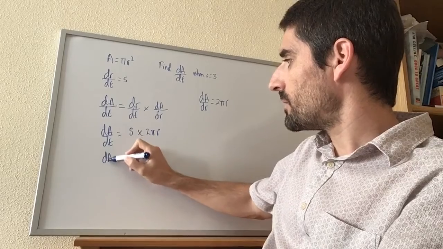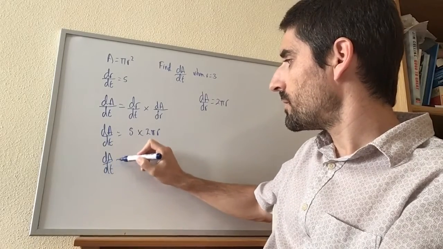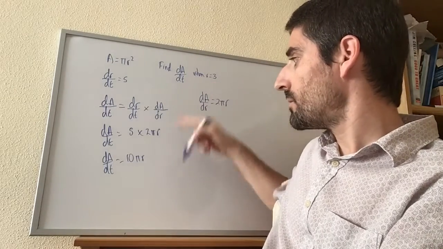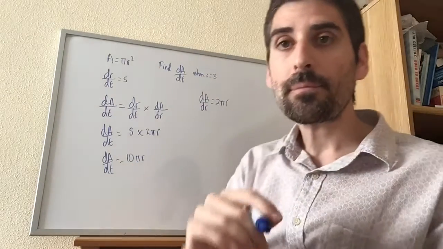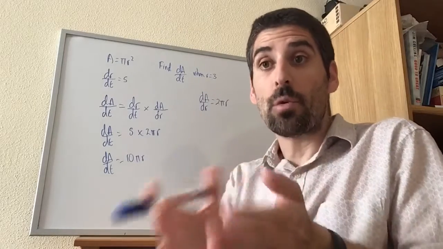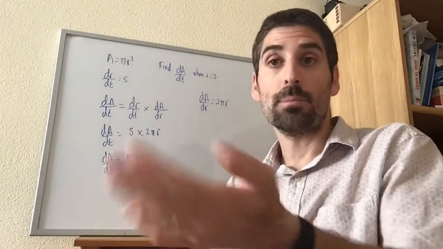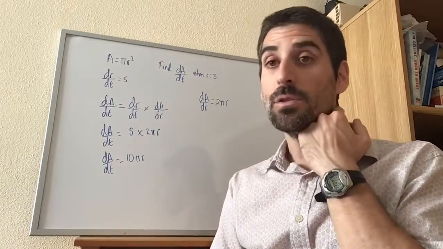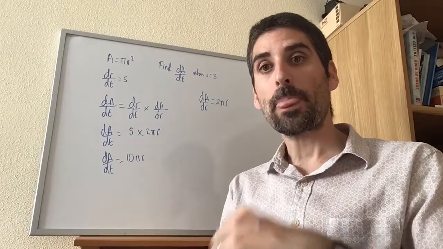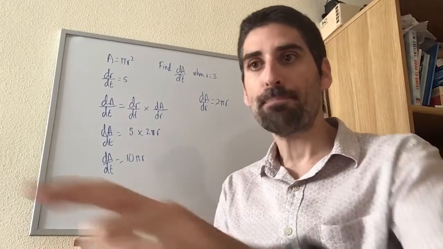So dA over dt is 10 pi r. When the radius is 3, it'll be 30 pi. And that is the most straightforward example I can show you on how to use rates of change to solve these kind of equations. Let's look at another one, a bit more complicated perhaps.